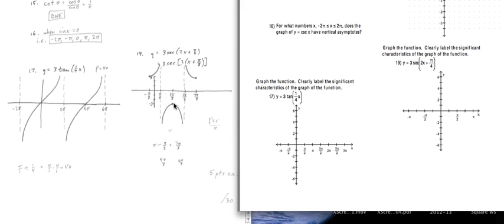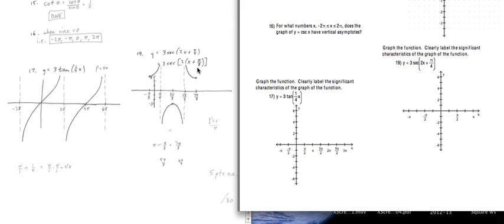It's kind of like your guidelines of where you're supposed to draw the graph of the secant. But 3 times the secant of 2x just connects with the cosine. Where the cosine is going down, the secant is going up, and vice versa. And so you know the shape of the graph. Most of you got the shape right. You just didn't shift it to the left the correct number of radians.